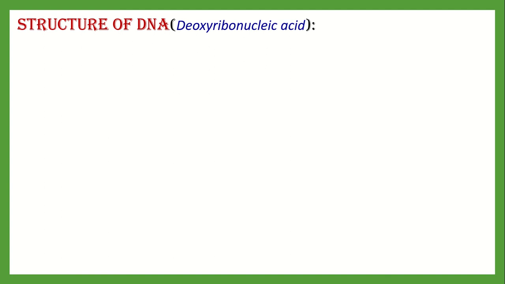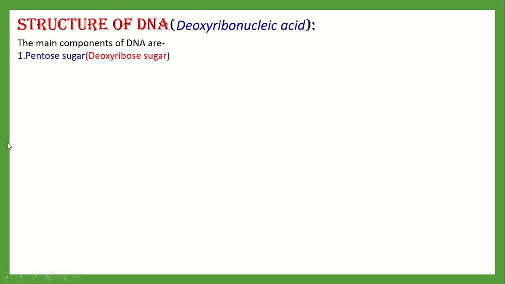Chemically, the DNA is composed of three main components. First one is pentose sugar. Each nucleic acid has a 5-carbon sugar as a part of its polymer backbone, called pentose sugar.